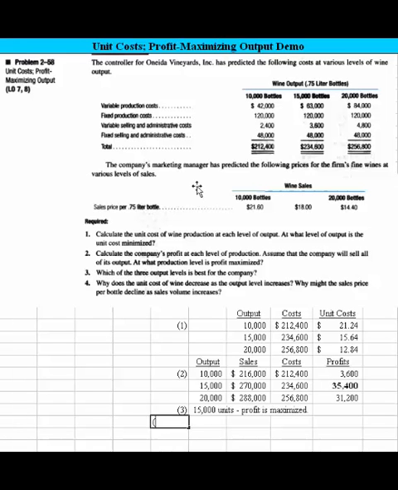What might explain that? Well, this deals with the concept of variable and fixed cost. If we have variable costs, like production cost, then they go up in direct proportion to the volumes that we have. So we have 42,000 for 10,000 bottles. The costs go up as we sell more bottles, 63,000 and 84,000.